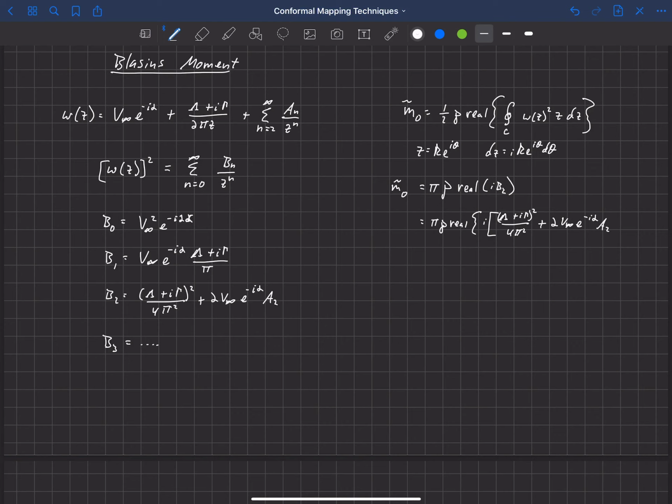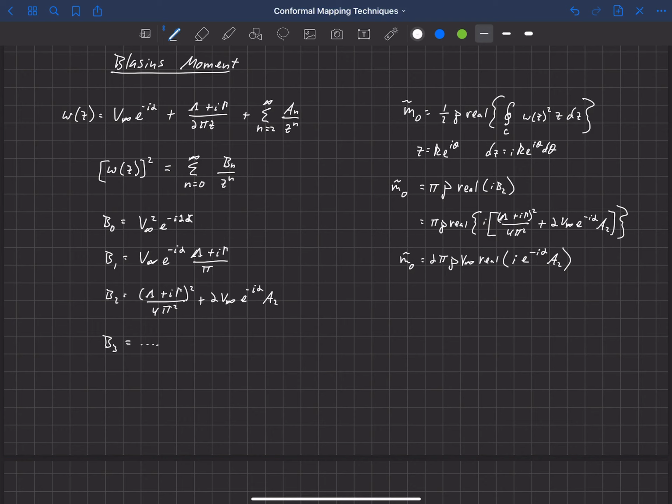So it will depend on the second term in the original Laurent series. We can simplify this further and say that m, the pitching moment, is equal to 2 pi rho v infinity times the real part of i e to the minus i alpha times a_2.